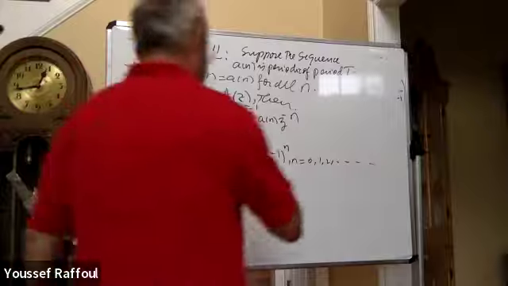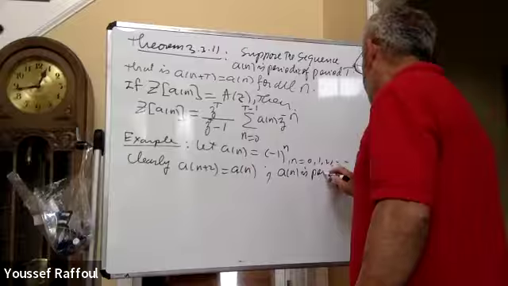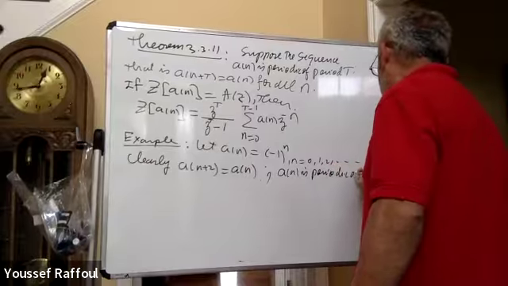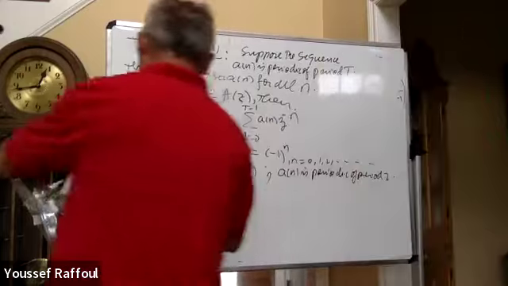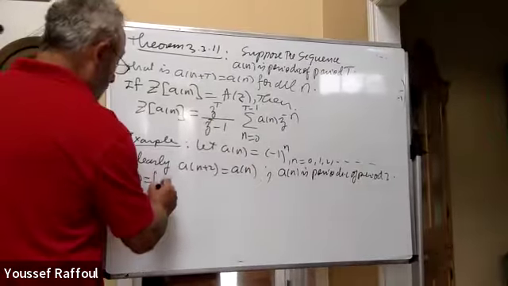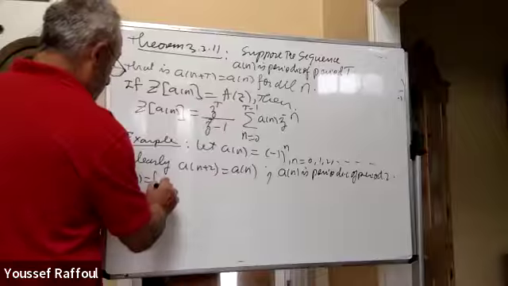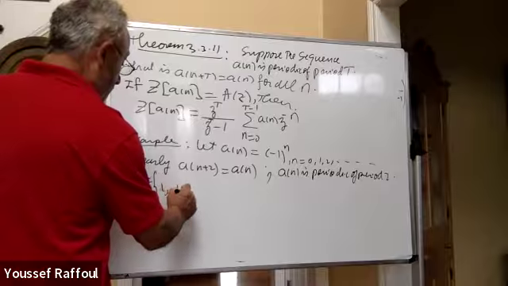So an is periodic of period 2, because for n equals 0, you get 1. For n equal 1, you get -1.